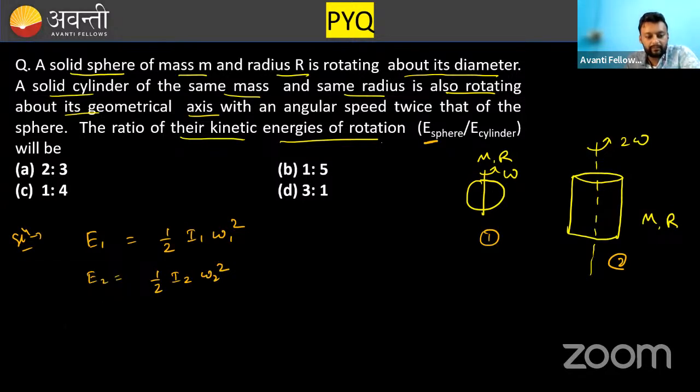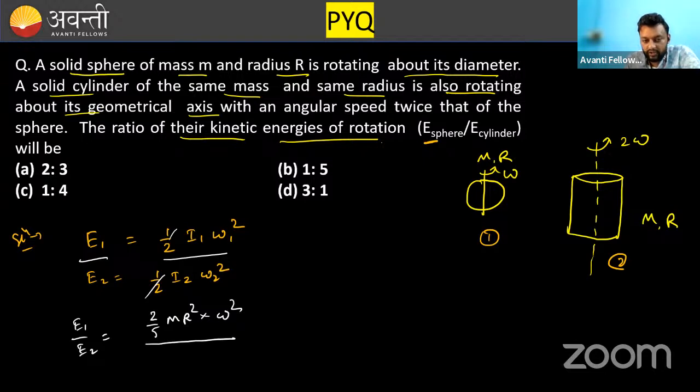Now divide these equations, E1 over E2. The 1 by 2 and 1 by 2 will be cancelled. So what will remain? E1 by E2 is equal to I1, the moment of inertia of a sphere, that is 2 by 5 mr square, into omega square, divided by, for a solid cylinder, the moment of inertia is mr square by 2, multiplied by omega 2 square.